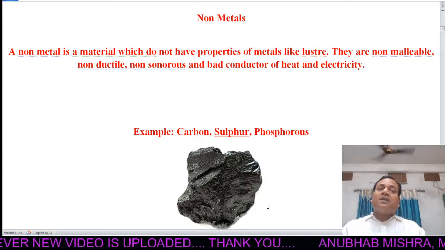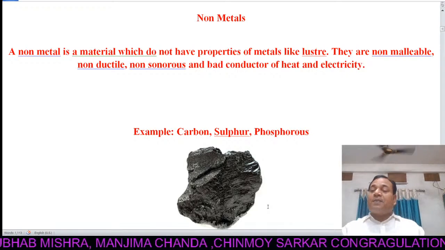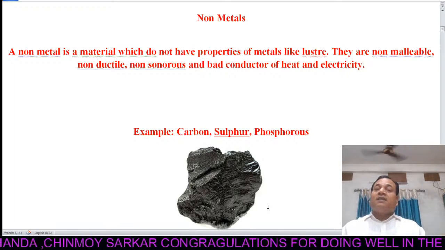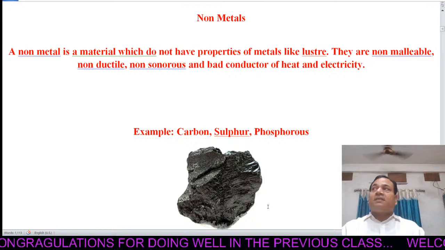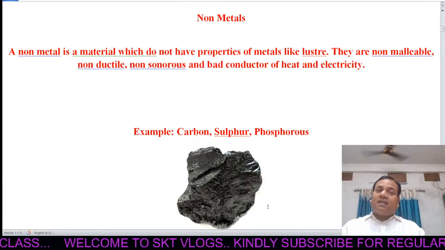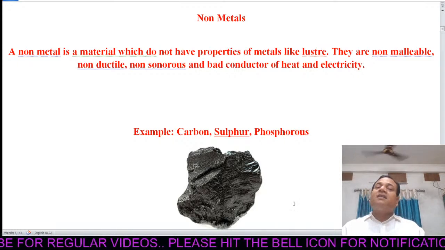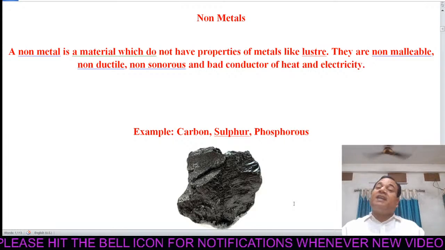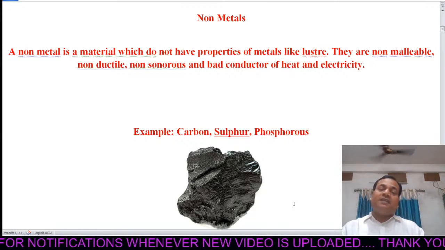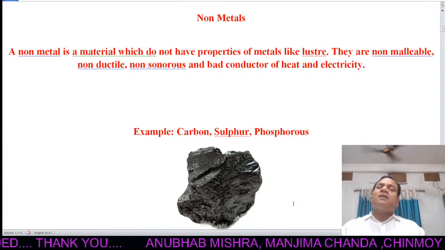So what did you understand? A non-metal is a material which does not have properties of metal like luster. They are non-malleable, non-ductile, non-sonorous and bad conductors of heat and electricity. Clear? This you understood? What do you mean by metals and non-metals?